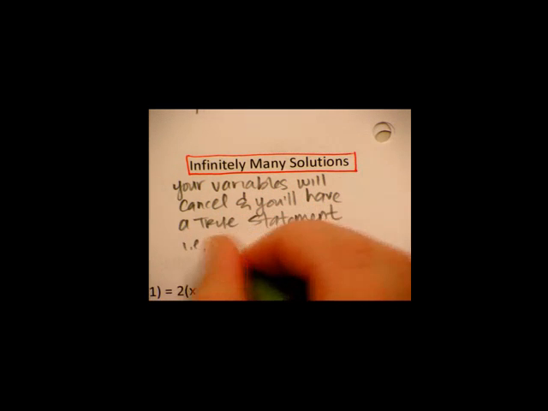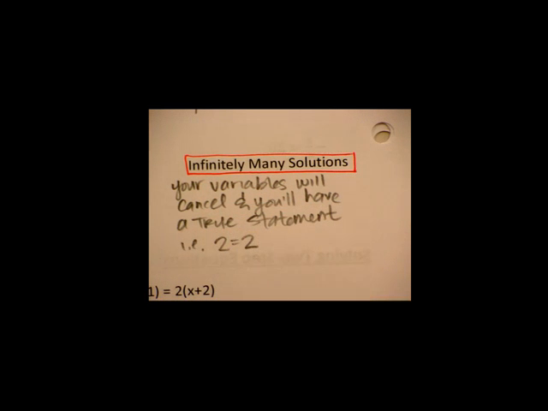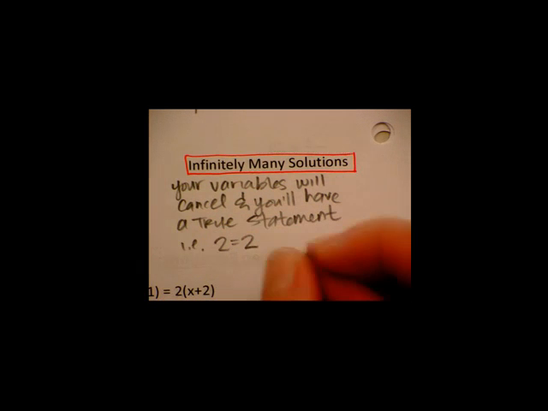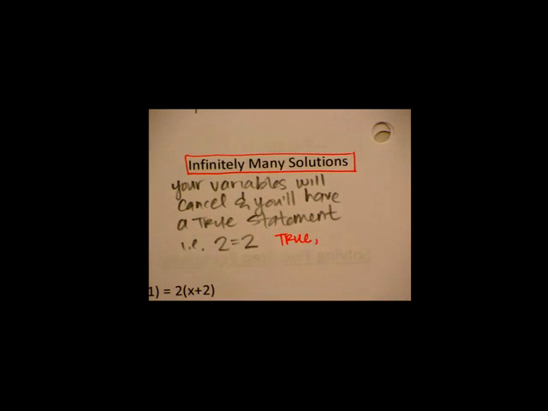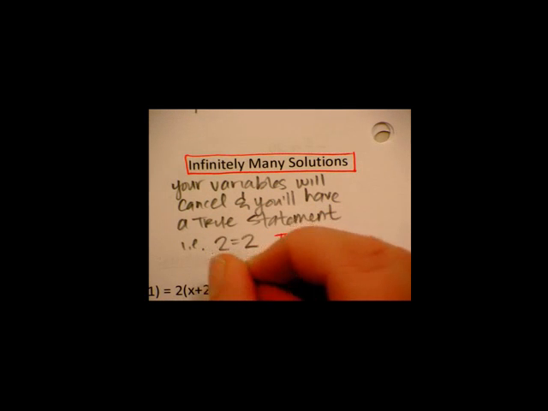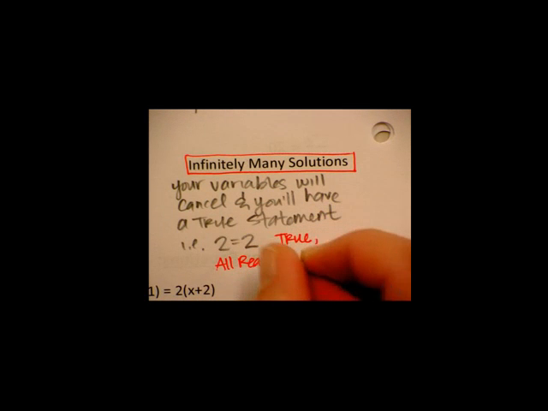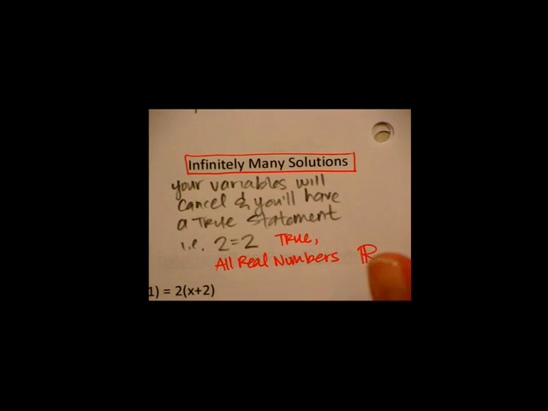A true statement might look like 2 equals 2, or 0 equals 0, or -7 equals -7. This is true, and what it means is that all real numbers will work for an answer, and so you can write all real numbers, which we abbreviate like that. We talked about this symbol in the last chapter.